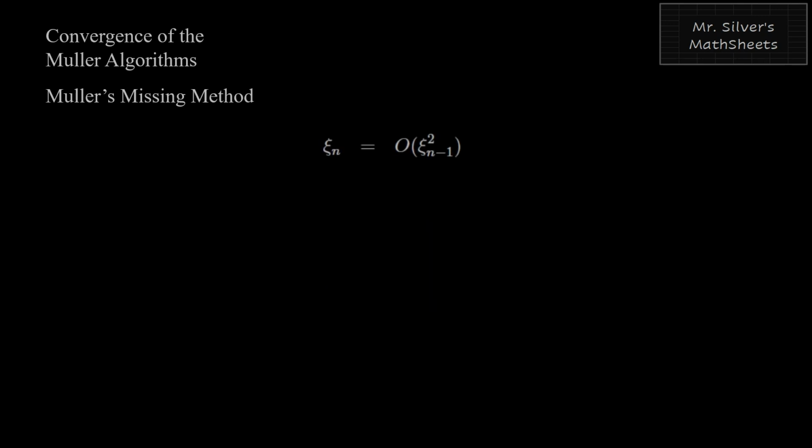And we're in the world of quadratic convergence. So that means that xi n is order xi n minus 1 squared because of quadratic convergence. But we also know that xi n minus 1 has got to be smaller than xi n minus 2 because n minus 1 is bigger than n minus 2.